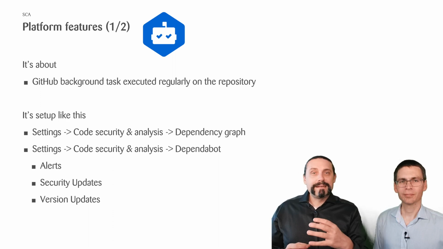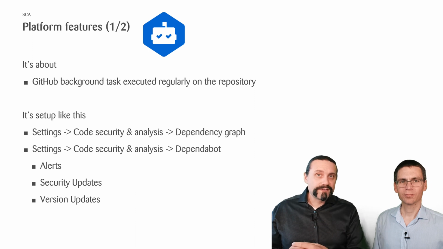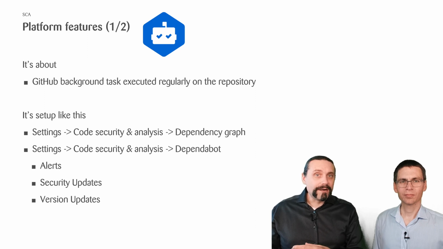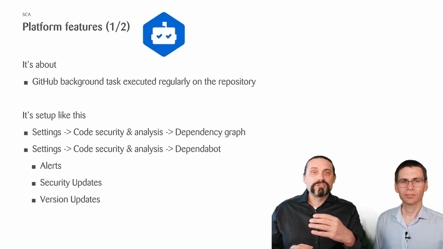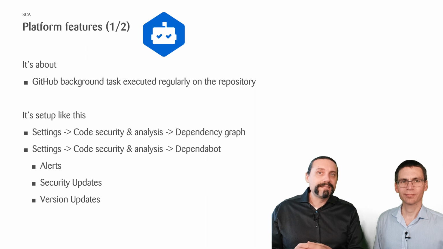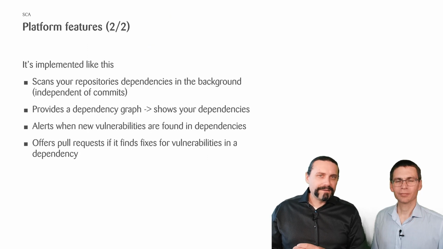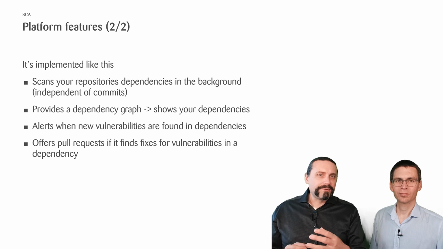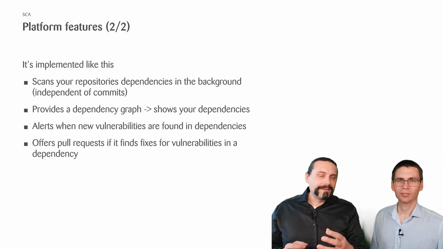There you then can enable that you get alerts about dependency vulnerabilities. You also can enable that you get security updates, so Dependabot will then generate some pull requests for you, and also version updates. When you have done these settings, then as said, Dependabot will scan through your repository for the dependencies, and it will do that in the background independently of your commits.